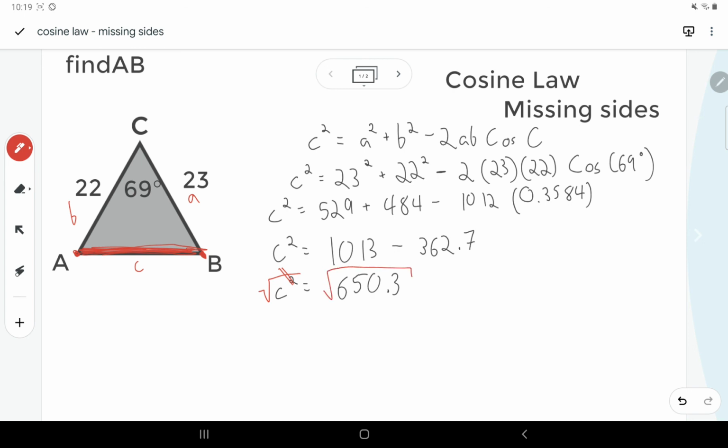If we take the square root of 650.3, I'm just going to rewrite the c here, we end up with c equals 25.5. And that is our final answer there. So from knowing just a side, an angle and a side, we now have our unknown side.